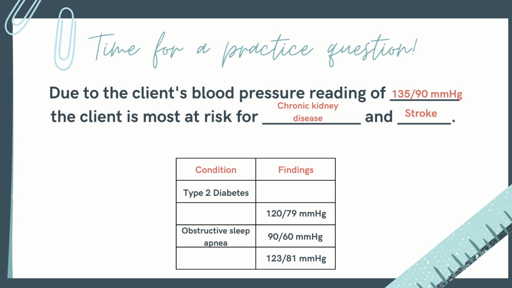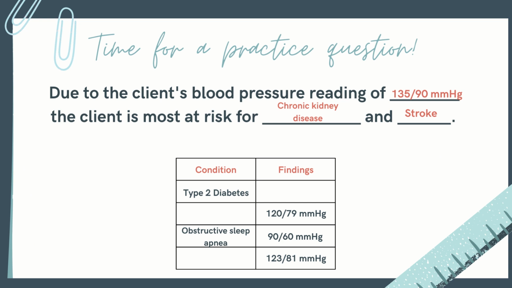And I know that one can seem a little distracting as it is low, but several people live with blood pressures around that range, and we know that low blood pressure is not a risk for any of the conditions listed on the left side. Now, 123/81, it is starting to look a little suspicious, especially since that diastolic value is over 80, but it's not our most concerning finding, right?